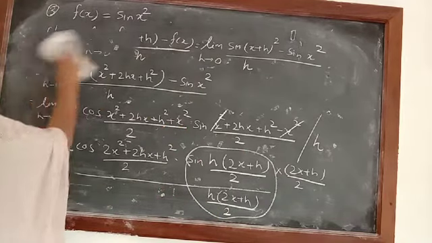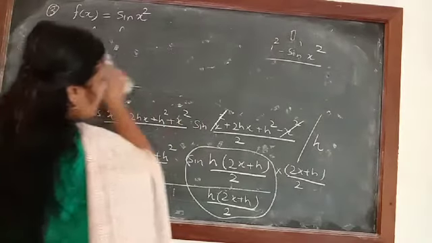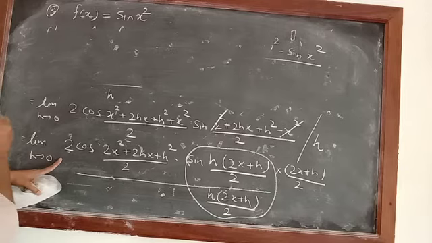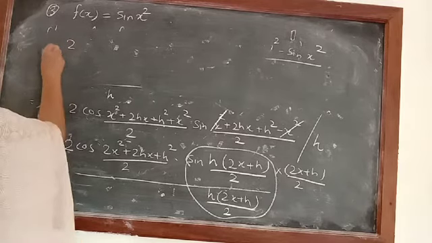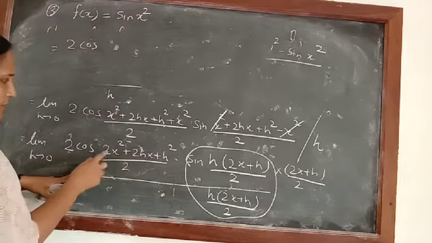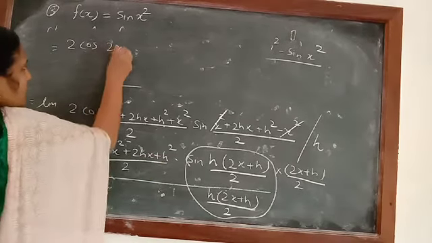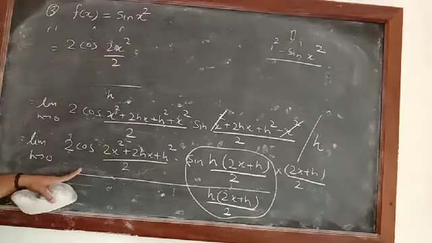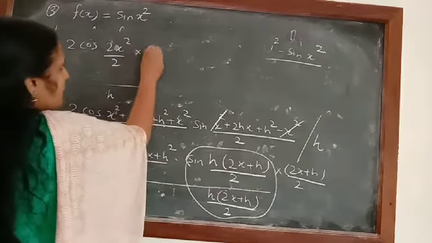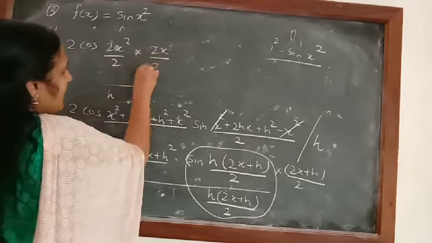Now what we will do, in place of other expression we can substitute h is equal to 0. Then what will come here? 2 cos, here these two expression will become 0, we will get there 2 cos 2x square by 2. So this expression over. Now remaining what will come there? Into 2x by 2.